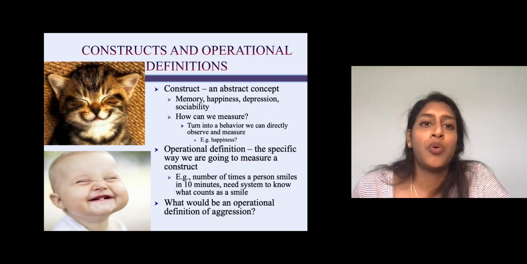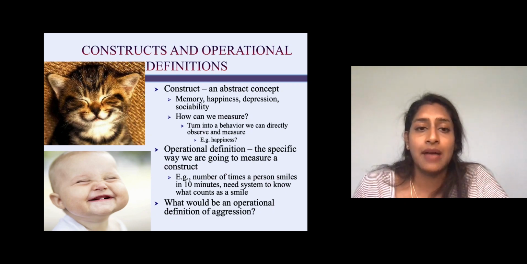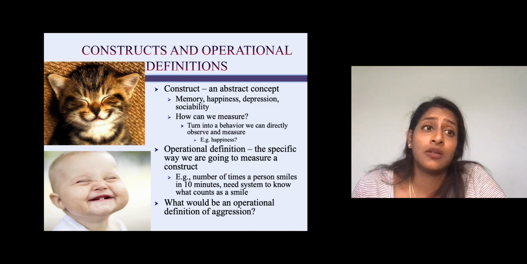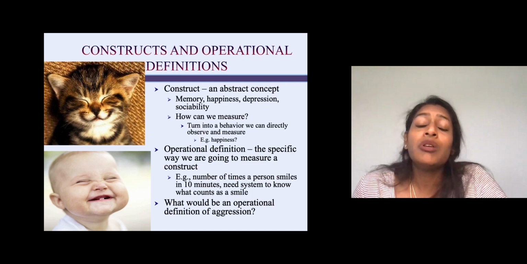And this is really important when we start to think about concepts that are abstract. So think about things like memory or happiness or depression or sociability. How do we measure this?